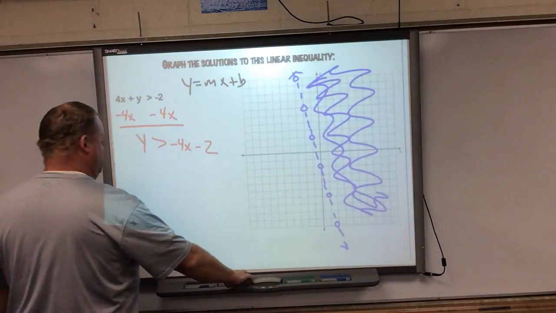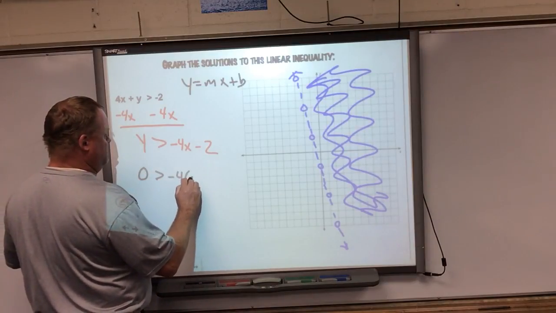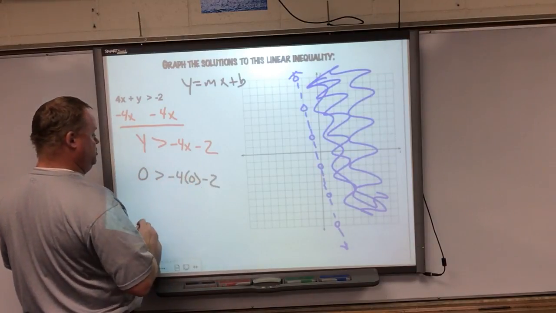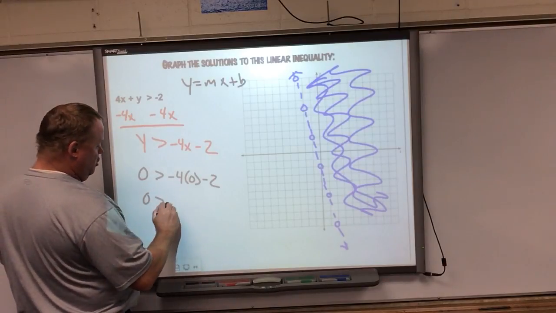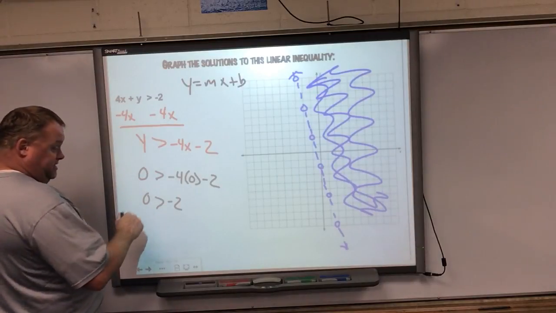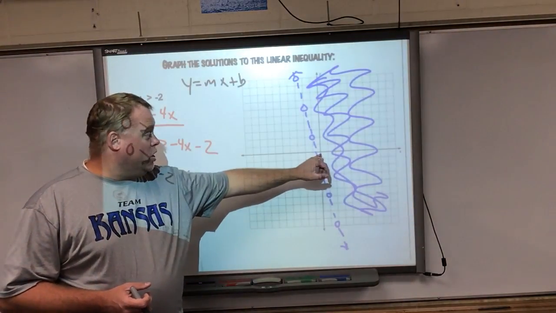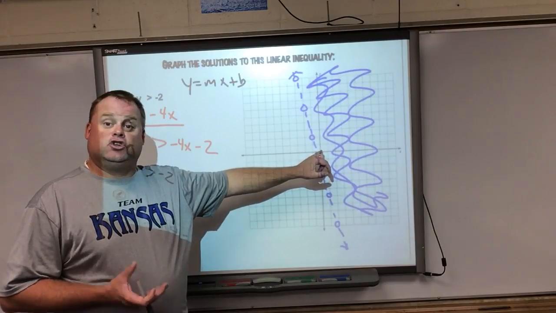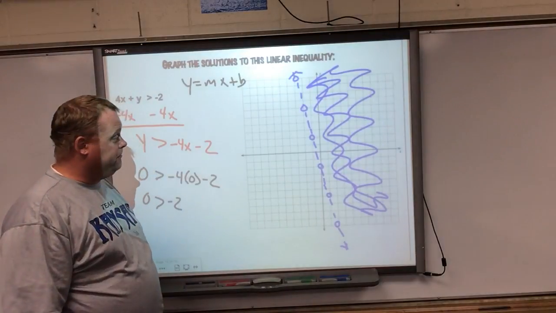Let's plug it in and see. 0 greater than negative 4 times 0 minus 2. Negative 4 times 0 is 0. All I'm left with is negative 2. 0 is greater than negative 2. So I know that point makes my inequality true, and it's right there.